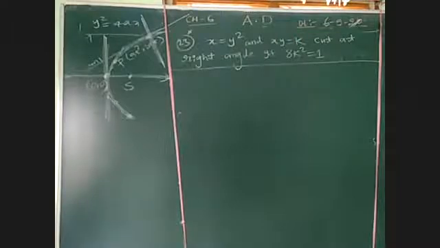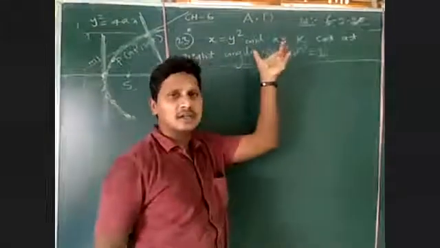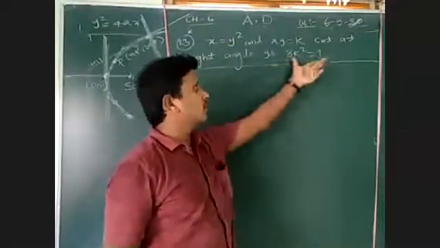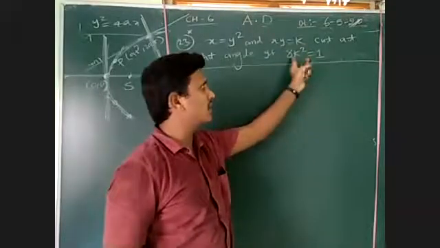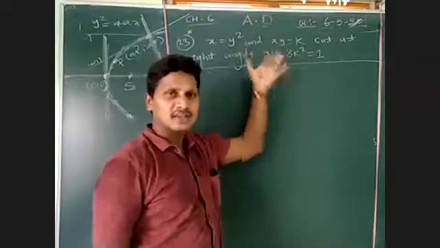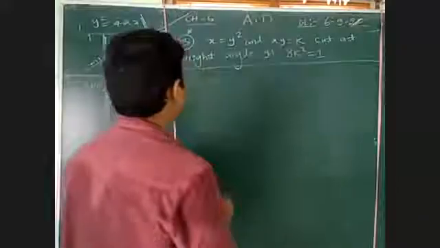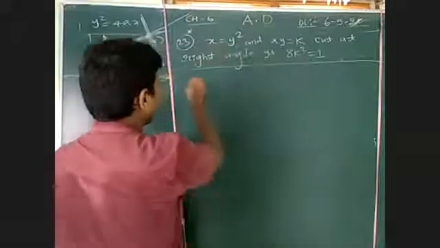Here we can prove that if both curves cut each other perpendicularly, then 8k square is equal to 1. Okay, let us assume the graph here again, y square is equal to x.